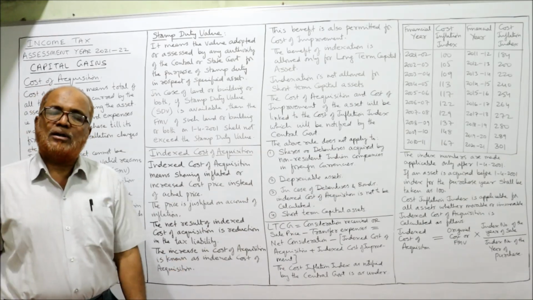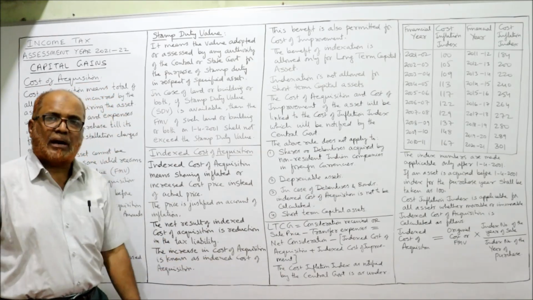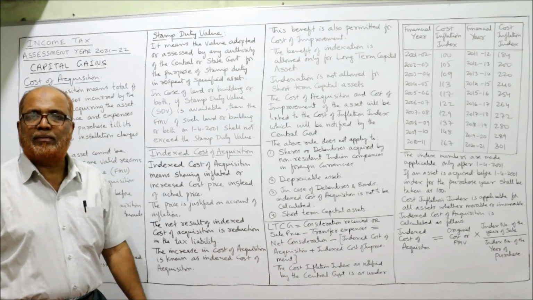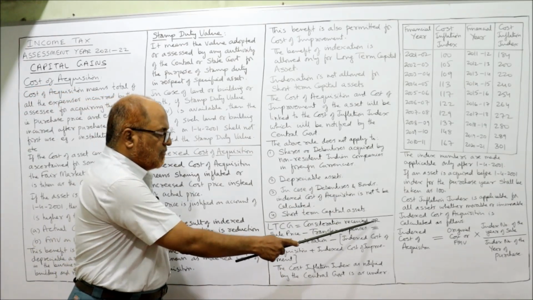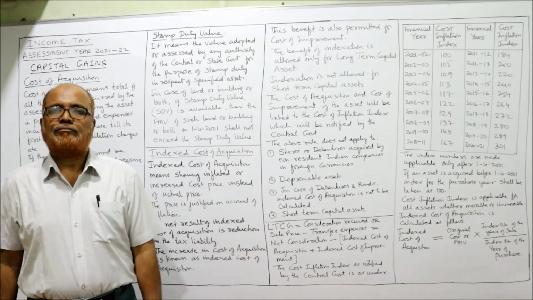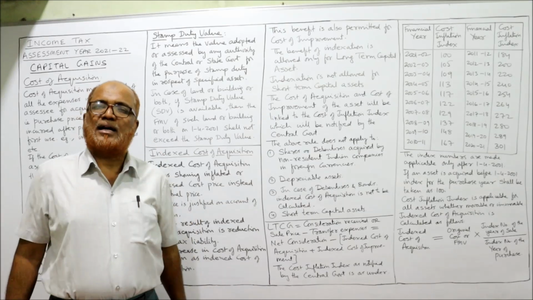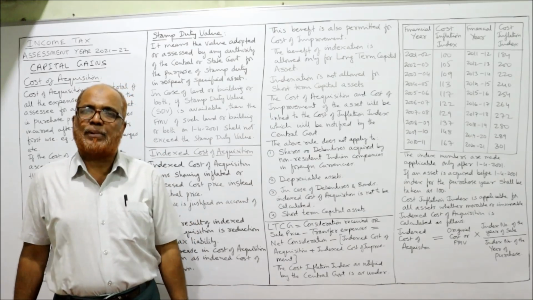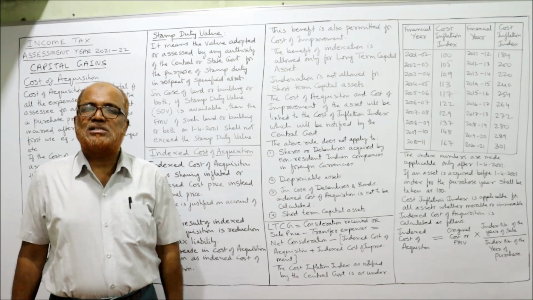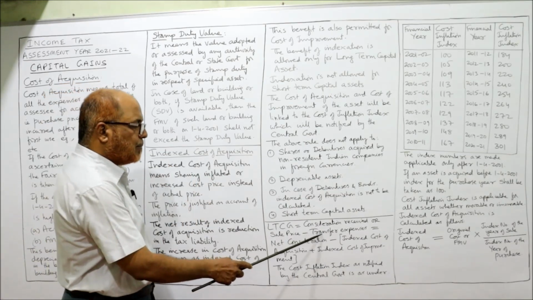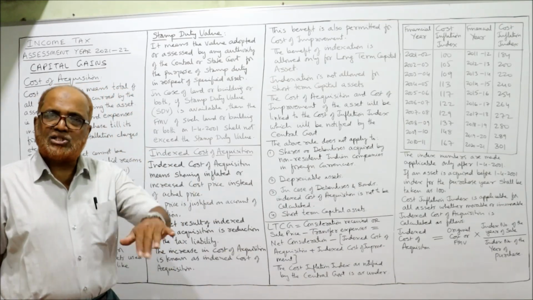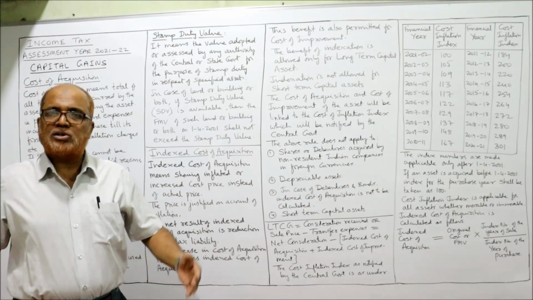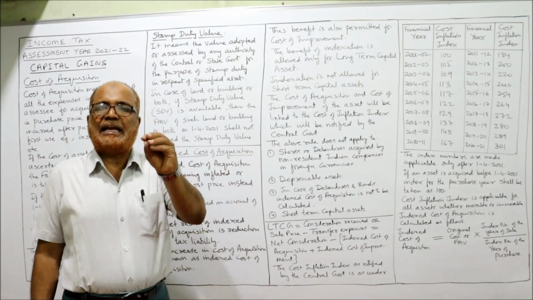Now, long-term capital gain. How to calculate long-term capital gain? Briefly, in one paragraph I have given. First of all, we take the consideration received or sale price. From consideration received, we deduct the transfer expenses. Suppose I sold a property for 50 lakh.